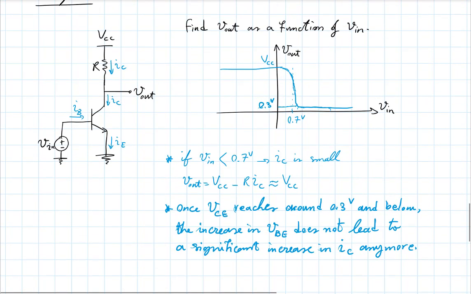And that's why the output voltage doesn't change anymore, because the output voltage is simply VCC minus RIC.